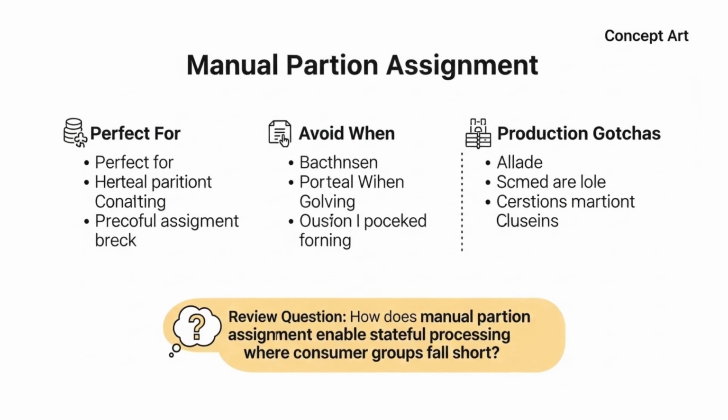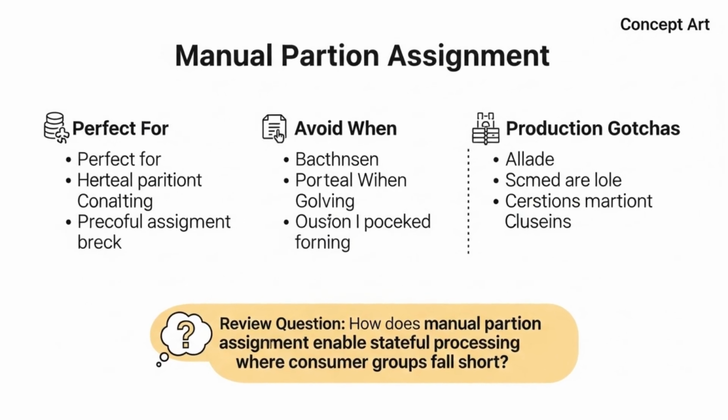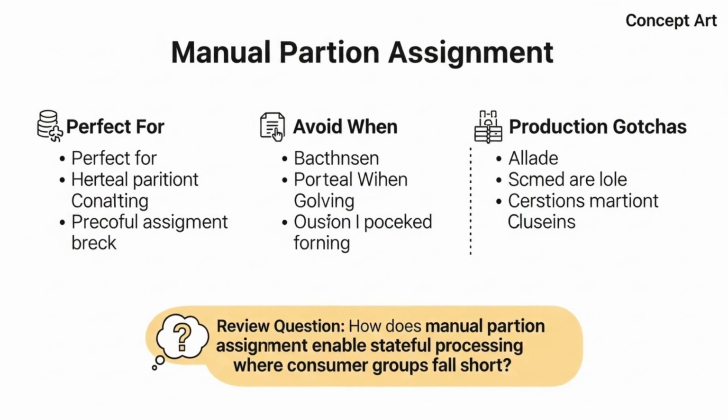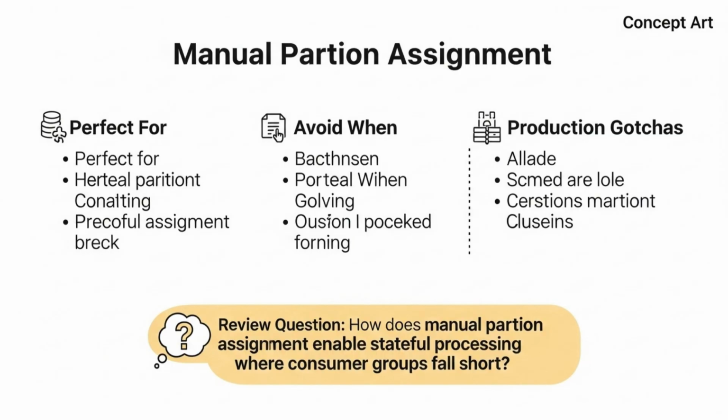Now that we've covered the what and the how, let's talk about the when and the how to avoid pitfalls in a production environment. Manual partition assignment is perfect for specific scenarios: stateful stream processing, like our trending system or recommendation engines, requirements for geographic data locality, ensuring data stays where it's most relevant, and when you need to implement custom load balancing logic.